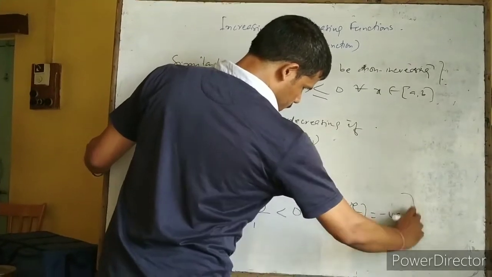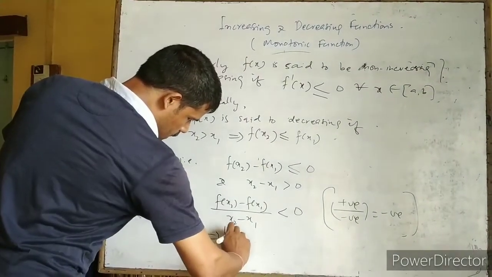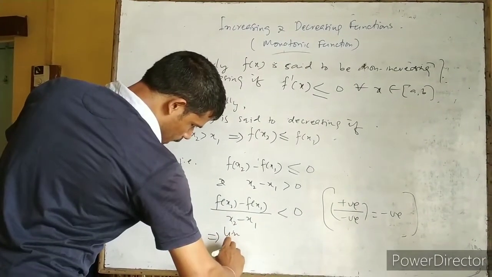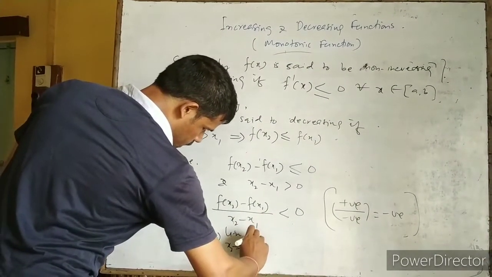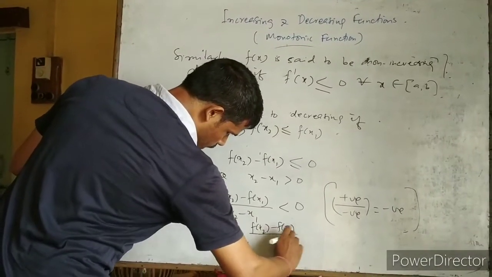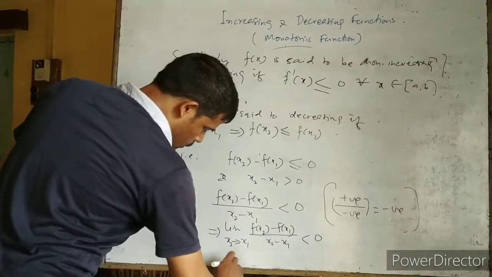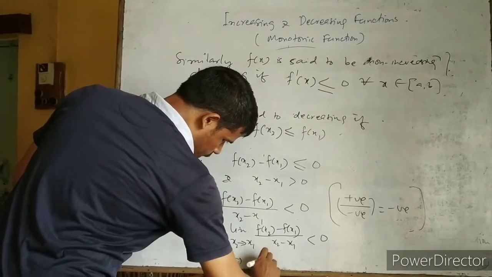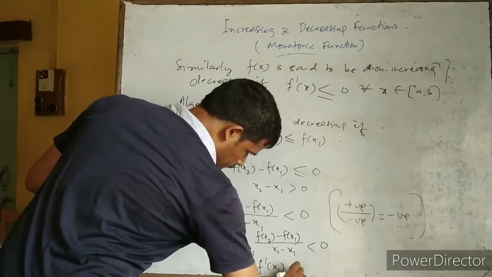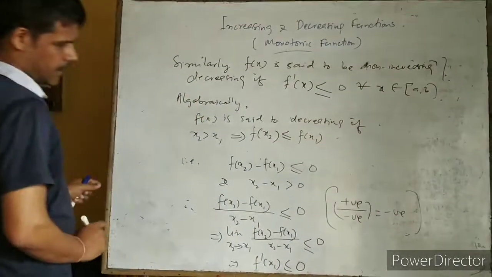This is the explanation. So what does it mean? This means limit if I take x2 approaching x1, (f(x2) minus f(x1)) by (x2 minus x1) less than or equal to 0. So this is nothing but f dash x1 is less than or equal to 0. Can I write equal to everywhere? This is the case, right?